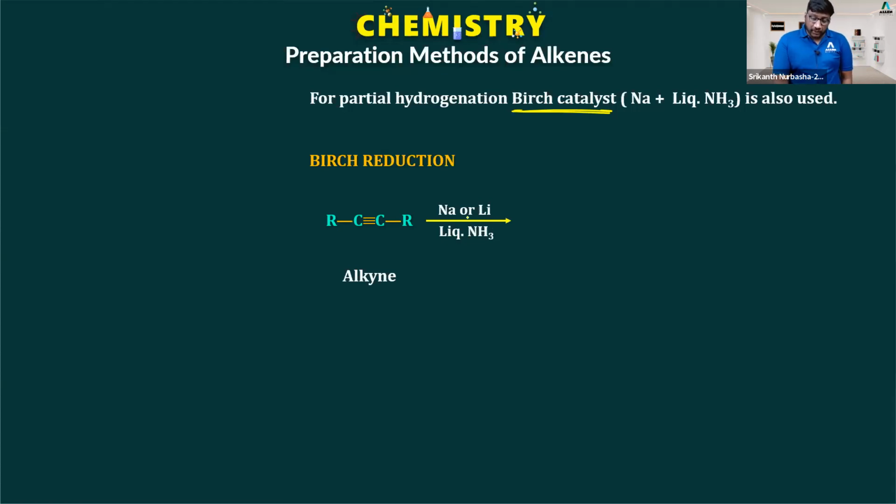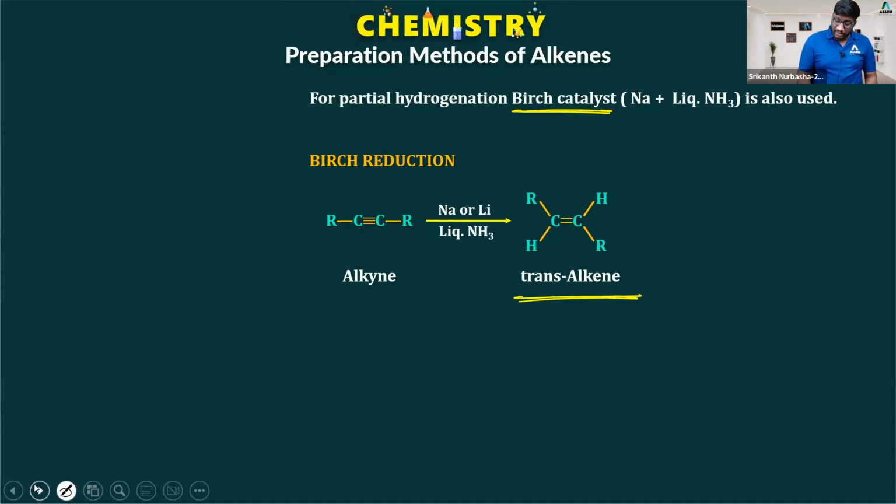They will form NH2 minus, and from there the hydrogens are added. The alkyne is converted to alkene only, but the alkene formed is trans alkene, not cis alkene, and the mechanism is not required. The trans alkene is obtained because the hydrogens are added from opposite sides, not from the same side.